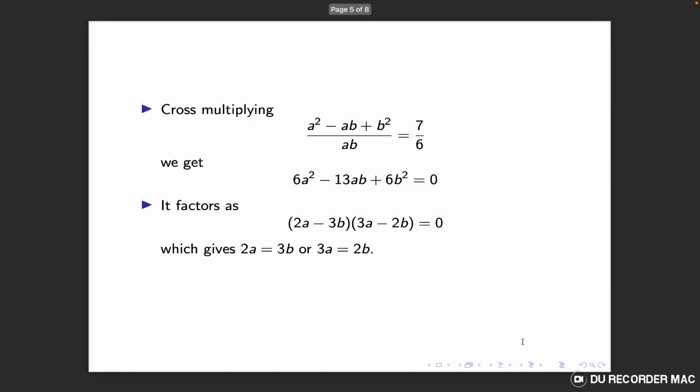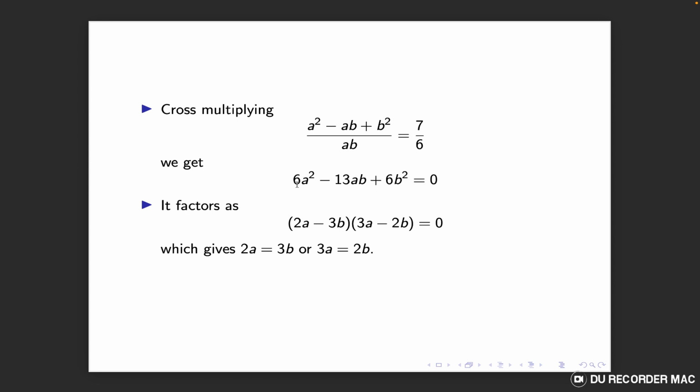Now we will cross multiply. We multiply the numerator by 6 and the 7 by ab, essentially cross multiplying. After we cross multiply, we get 6a squared minus 6ab plus 6b squared, and then we will have 7ab on the other side, which we move to the left-hand side, and it becomes minus 13ab.